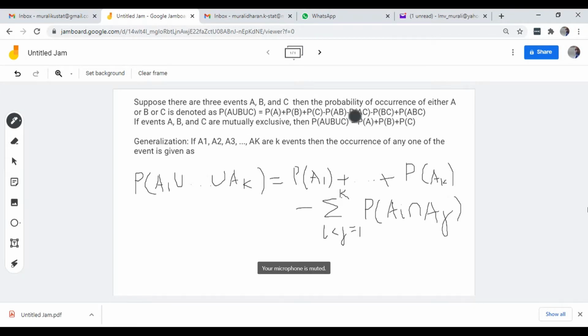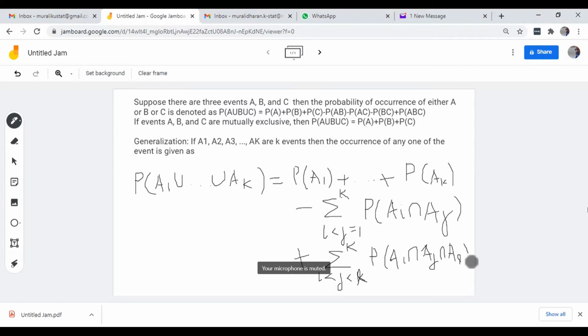In the same way, the next term is going to be plus, with intersection of three: A1 intersection A2 intersection A3, A1 intersection A2 intersection A4, etc. So I will write it in short form: i less than j less than l, summation up to K, P of AI intersection AJ intersection AL. So intersection of three events.